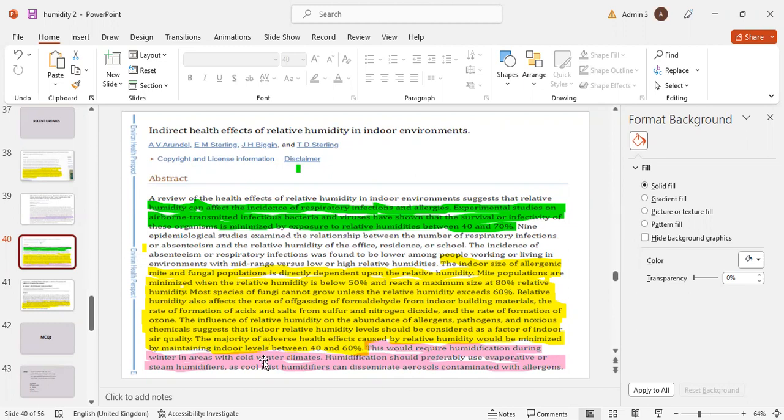The majority of adverse health effects caused by relative humidity would be minimized by maintaining indoor levels between 40 to 60%. Thus, this would require humidification during winter in areas with a cold winter climate. Humidification should preferably use evaporative or steam humidifiers, as cool mist humidifiers can disseminate aerosols contaminated with allergens.